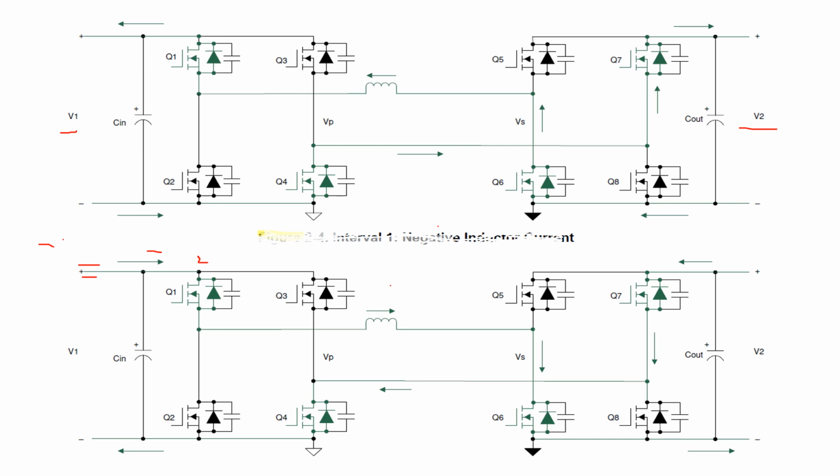During this cycle, because we have only the positive inductor current, the current comes this way. It goes through Q1, then goes this way through the inductor.